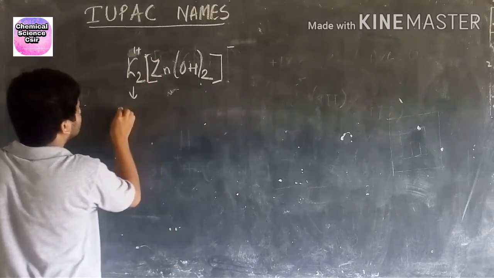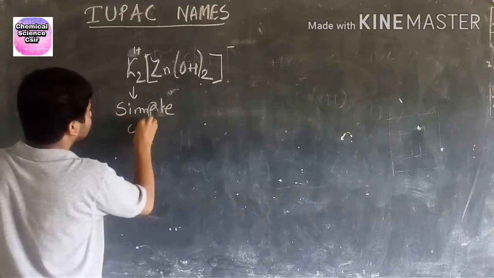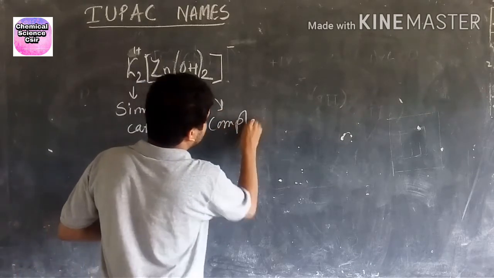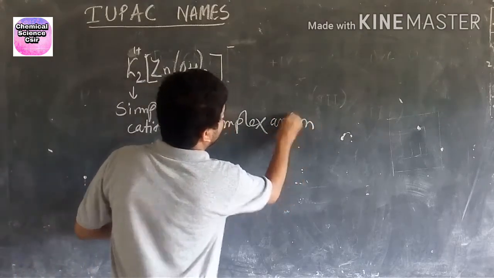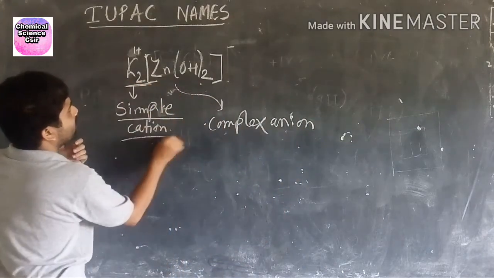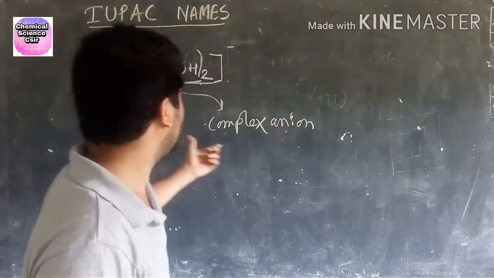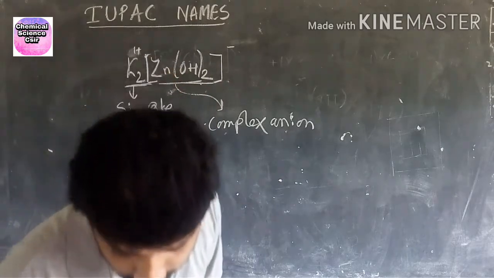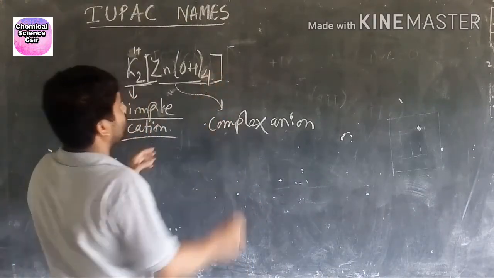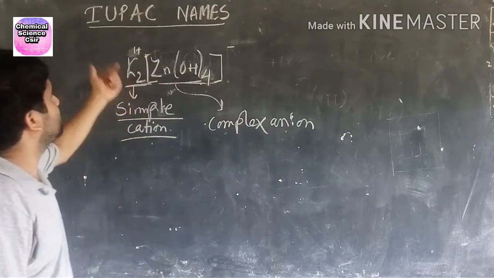So this one is the simple cation, and this one is the complex anion.